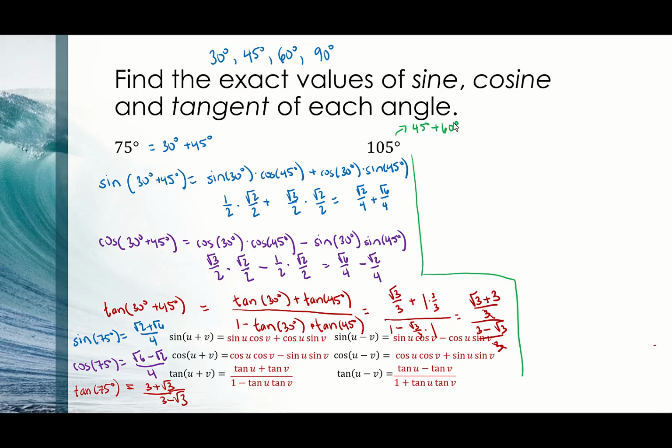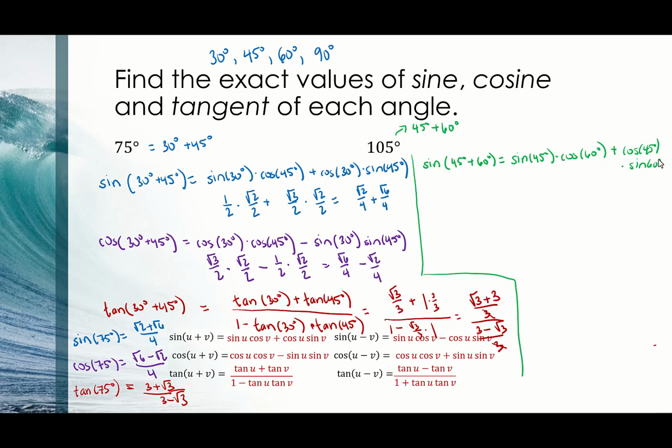And again, I'm going to apply these sum formulas where I have u is 45 degrees and v is 60 degrees. Starting off calculating sine of 105 will be sine of 45 degrees plus 60 degrees, where we're going to get sine of 45 degrees times cosine of 60 degrees plus cosine of 45 degrees, oh, it's not going to fit, times sine of 60 degrees. I'll stop using parentheses, save space.